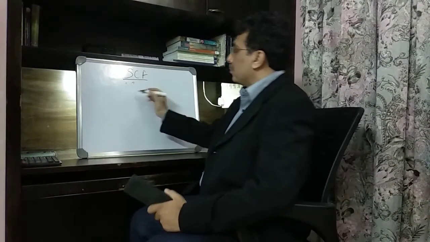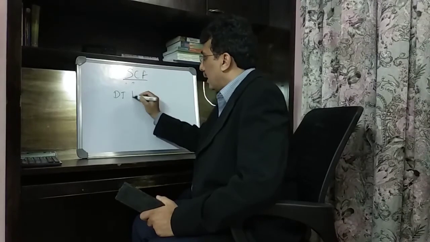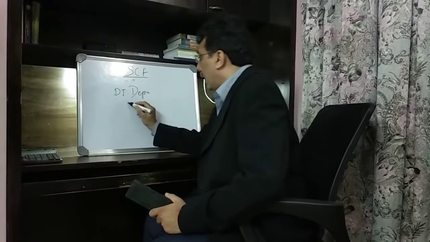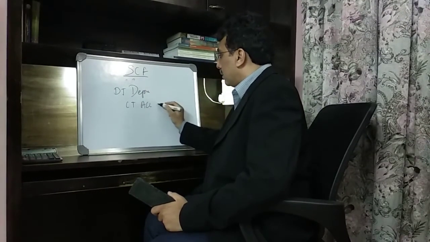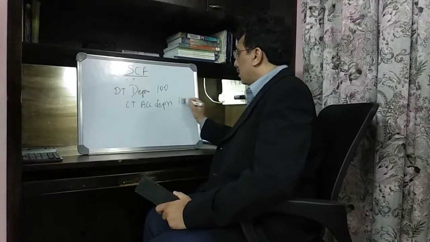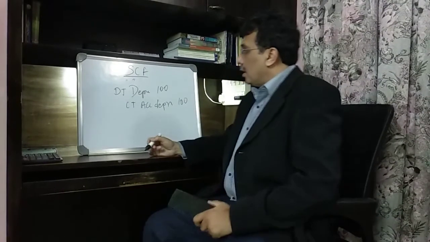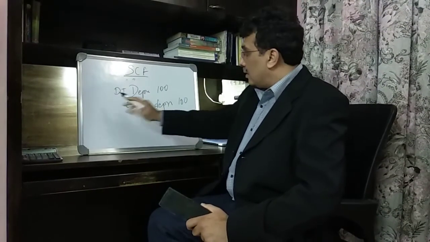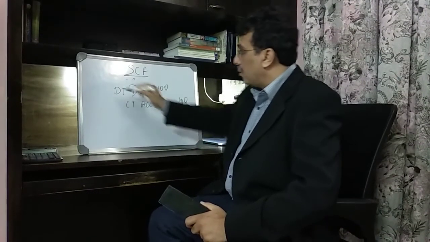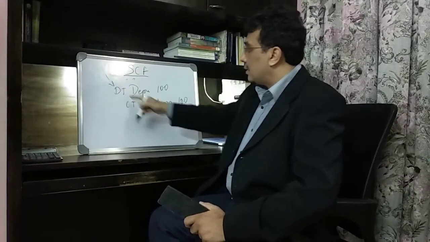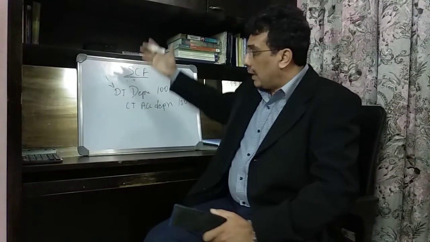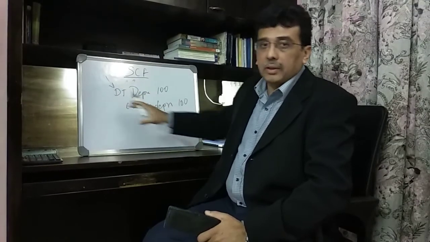If you notice, the entry is going to be debit depreciation and credit accumulated depreciation. Is it not? So let us say some figure 100. If you notice, there is no cash outflow with this entry, but however this debit will bring down your income. So you will have a loss without an outflow of cash.